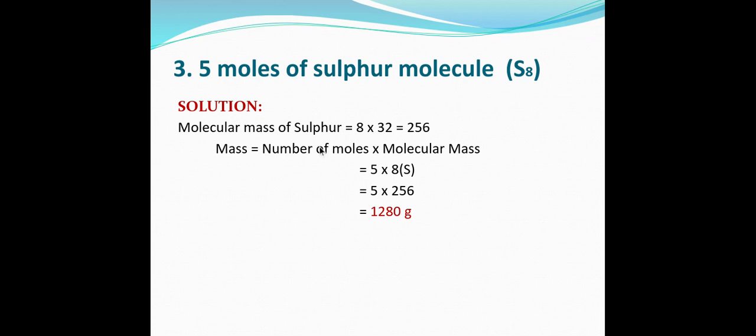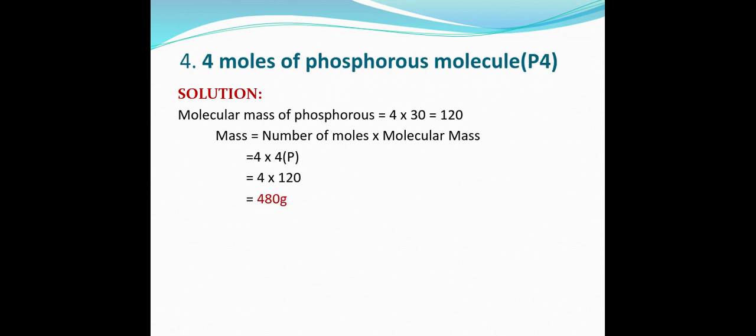Mass is equal to number of moles into molecular mass. How many moles are present? 5 moles. So 5 into 8 into 32, that is 5 into 256, is equal to 1280 grams present in 5 moles of the sulfur molecule.